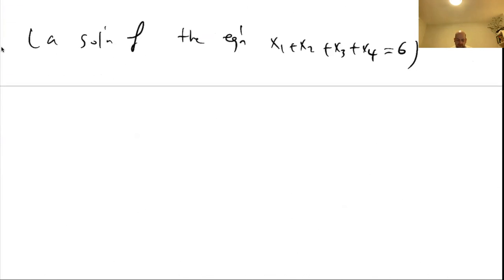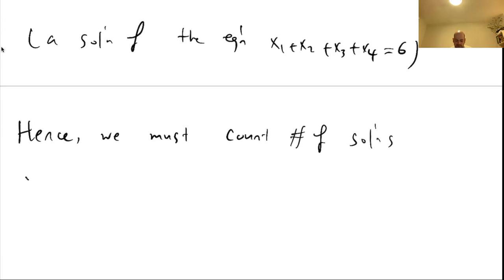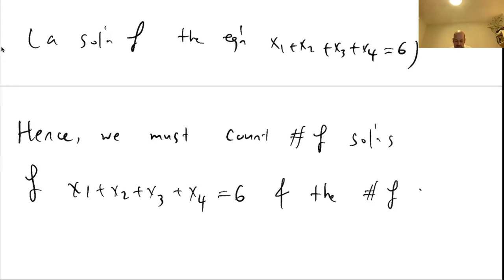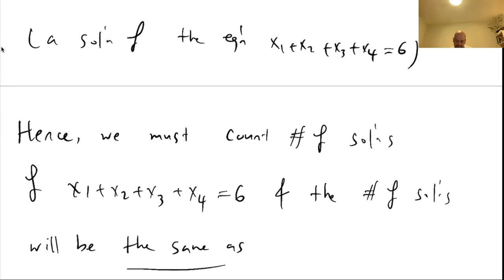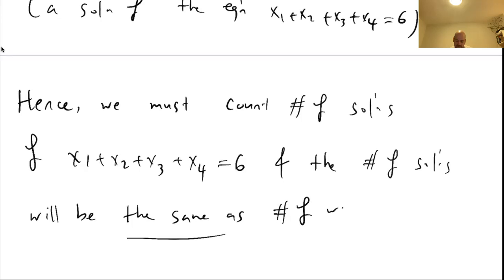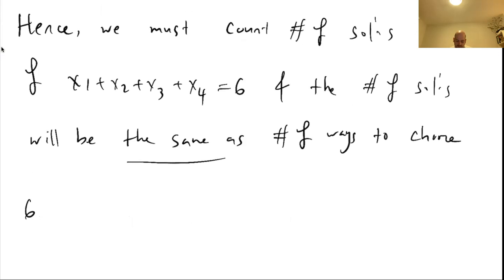Hence we must count the number of solutions of x1 plus x2 plus x3 plus x4 equals 6, and the number of solutions will be the same as the number of ways to choose 6 fruits.